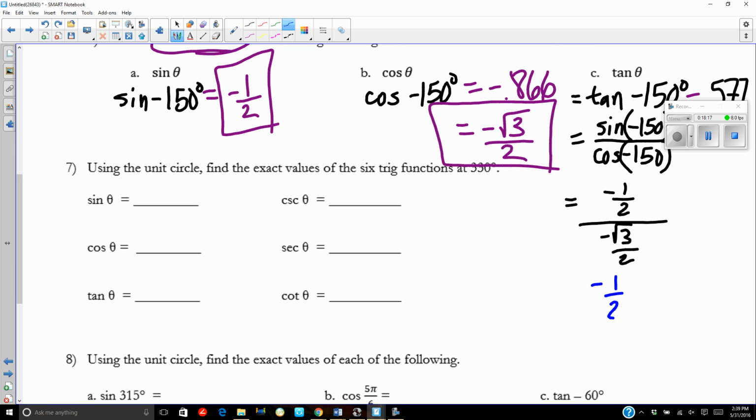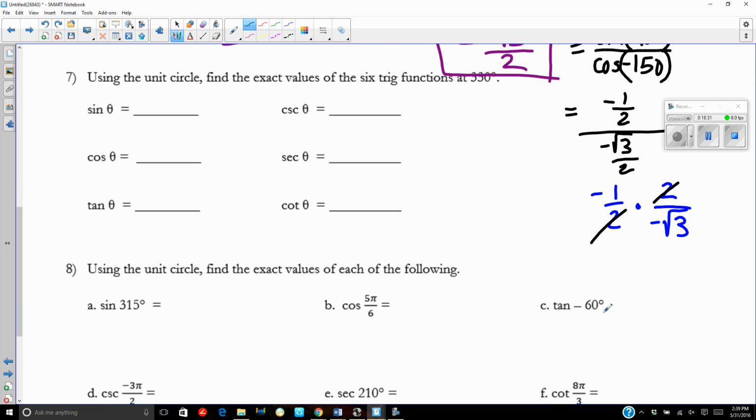So negative 1/2 is going to be multiplied by the reciprocal of negative radical 3 over 2. The 2's cancel. And we get negative 1 over negative radical 3. Negative divided by negative turns into a positive.